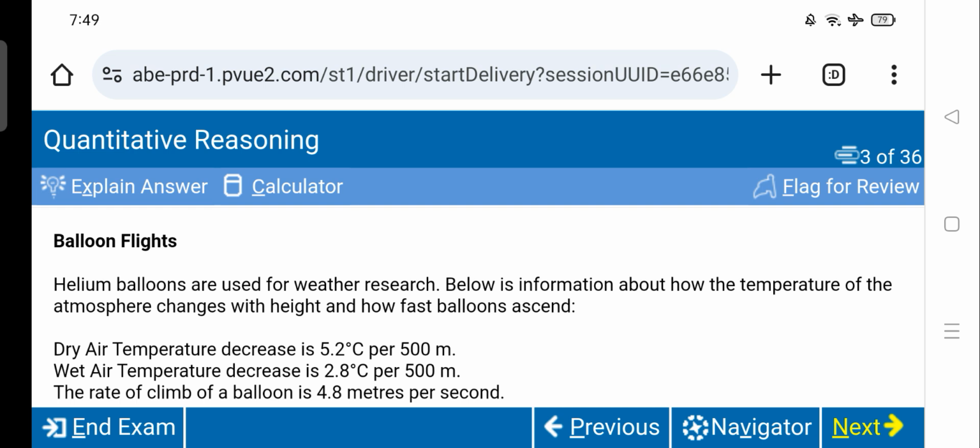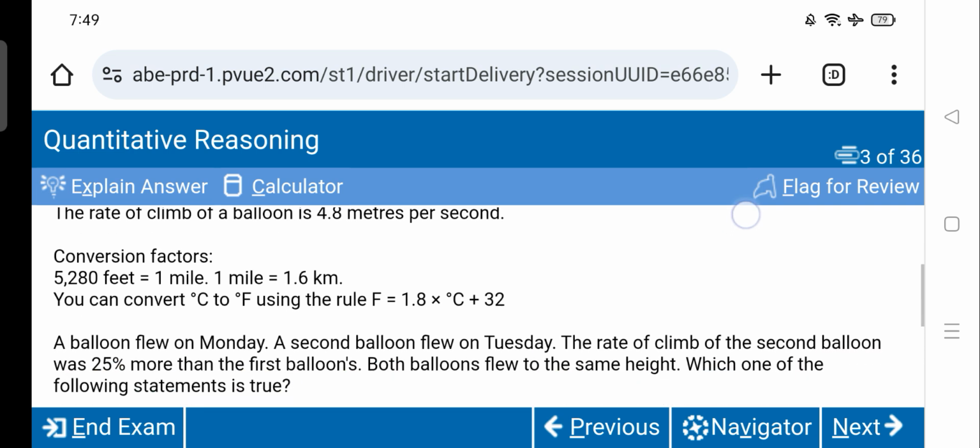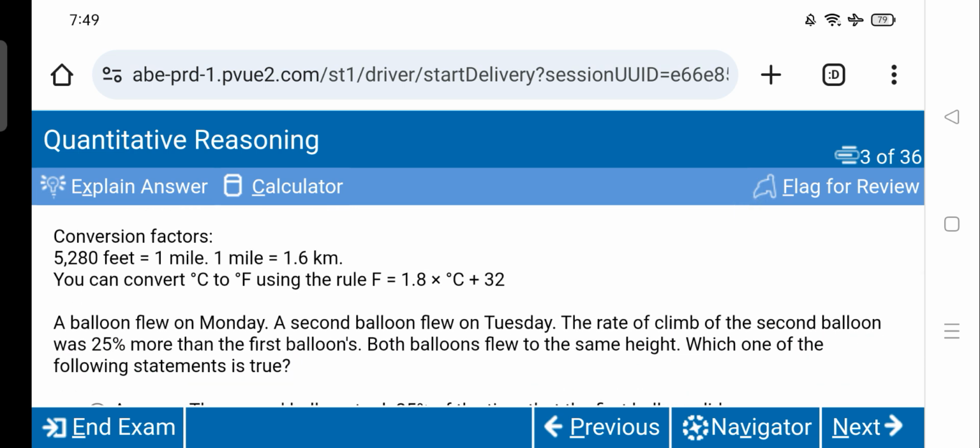Next we have question number 3 with the same information given in the passage, as you can see here, but the question is different, which says: a balloon flew on Monday, a second balloon flew on Tuesday.